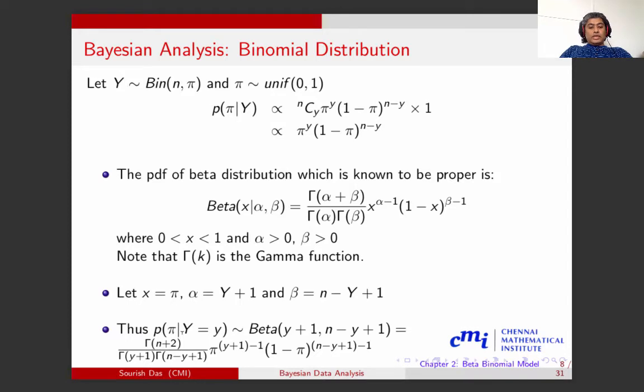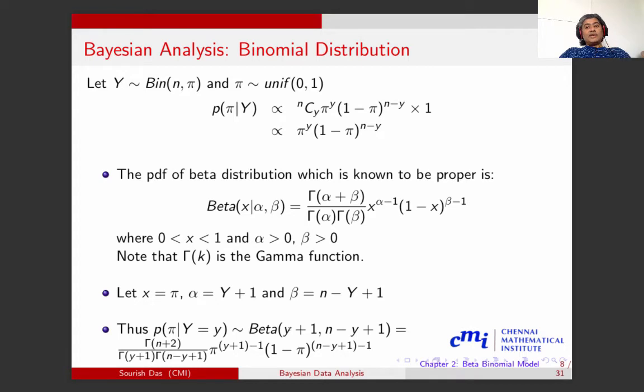What it says is that the posterior distribution of pi, which is an unknown quantity, is completely known to us. It follows a beta, whose exact form we know, and it has two parameters a and b, which are exactly y plus 1 and n minus y plus 1.